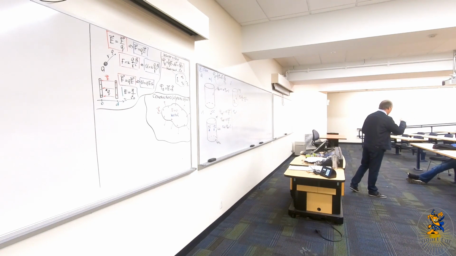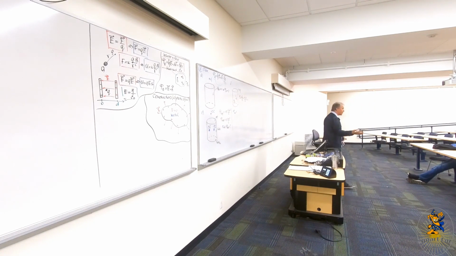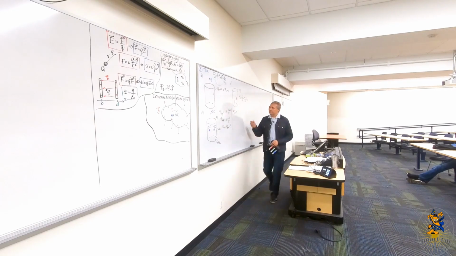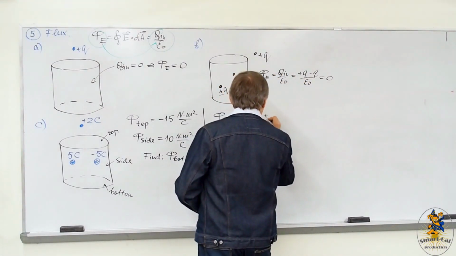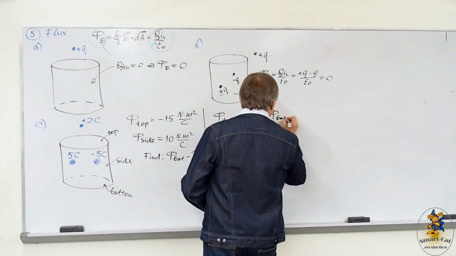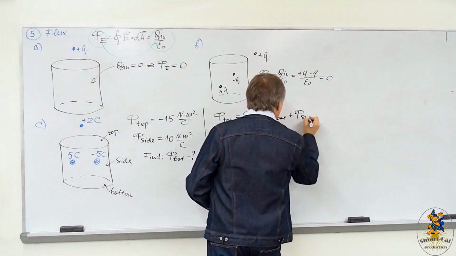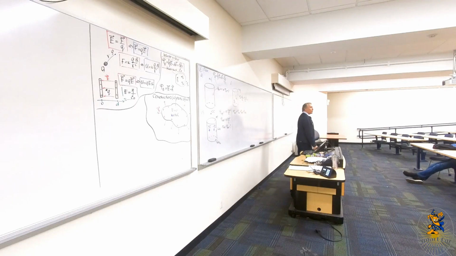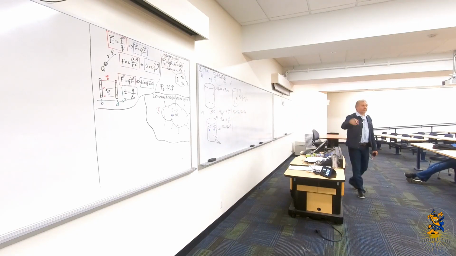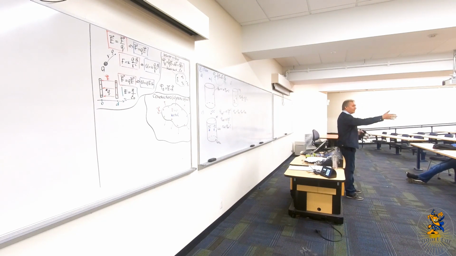Total flux is the flux through the top, plus the flux through the bottom, plus the flux through the cylindrical side. And what's the total value of the total flux? Q enclosed over epsilon naught. And what is Q? 0. So the total flux is 0.